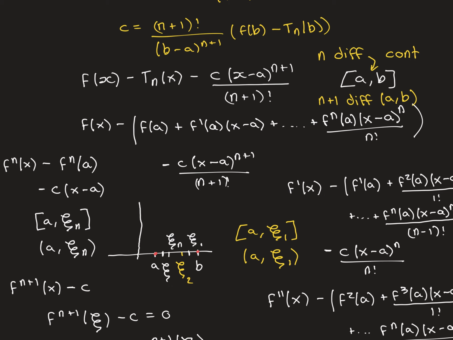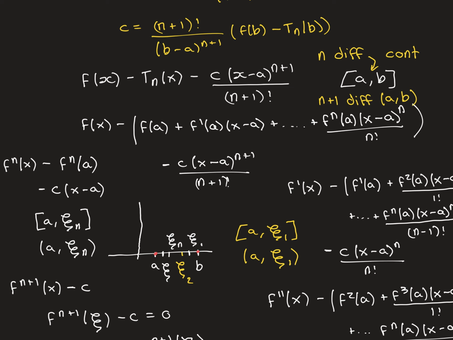We discussed how, because f is n times differentiable on the closed interval from a to b, all its derivatives are continuous, and then it's n plus 1 times differentiable on the open interval, and because these are just polynomials which are infinitely differentiable, all their derivatives are continuous over the entire real line, then when you add them together, it will certainly still be true that the overall thing will be n times differentiable on the closed interval from a to b.